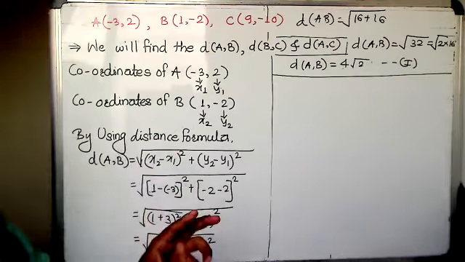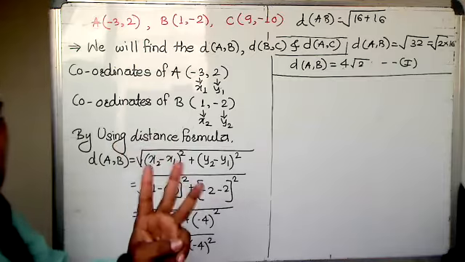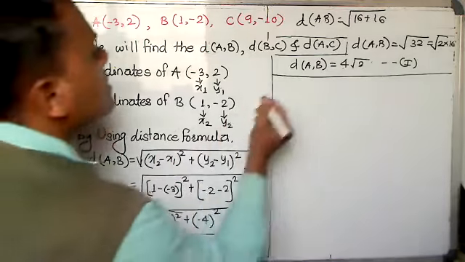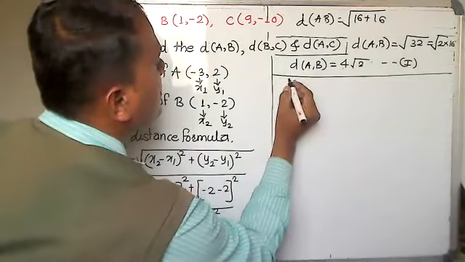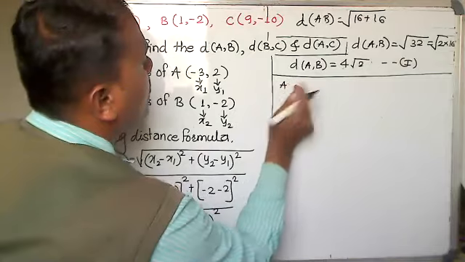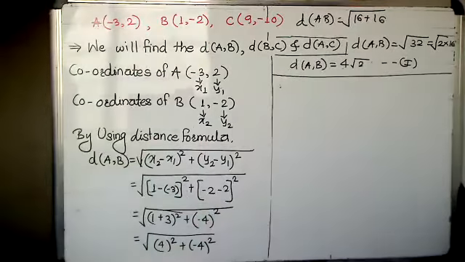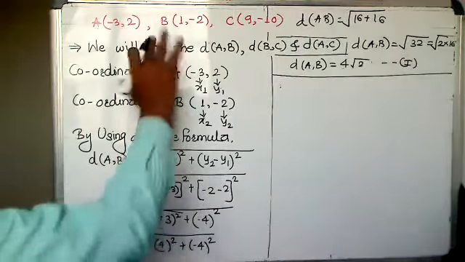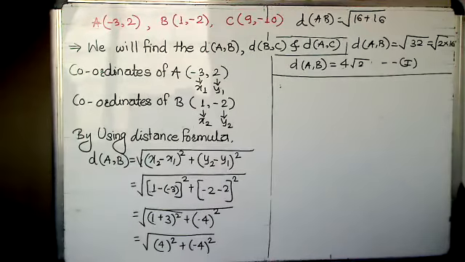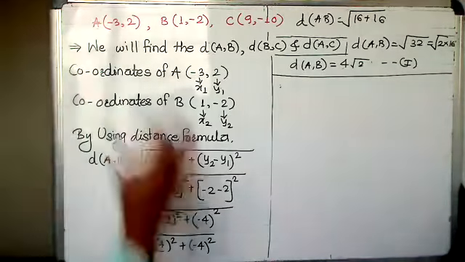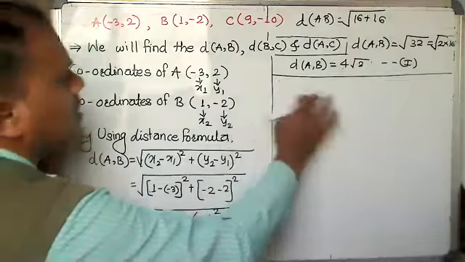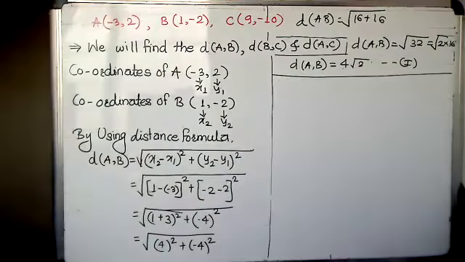Here we have to use the distance formula 3 times. We can find the distances in any order, and after finding all the 3 distances, we can decide.